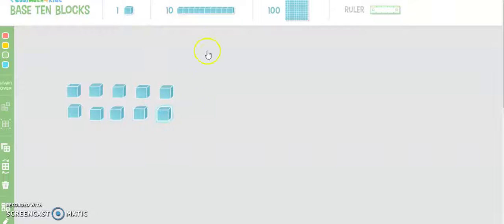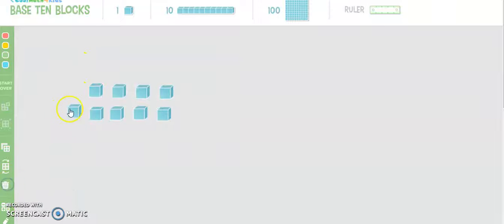So now we have a total of 10. So do you think that this amount is equal to this amount right here? Are they equal? Yes, they're equal. They're equal meaning that they are the same amount, the same exact thing.